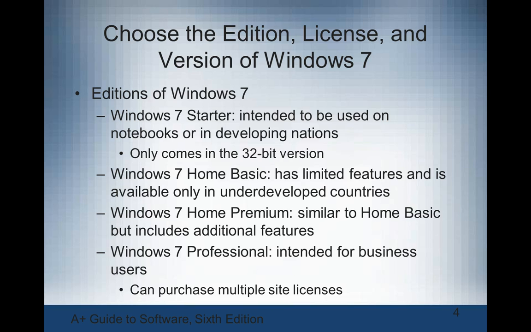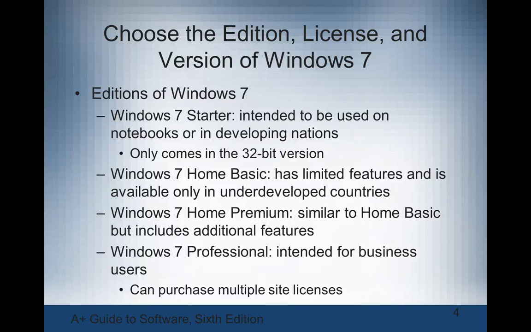The different editions of Windows, that's important to know if you are A, doing it for somebody else, or B, making a recommendation to the corporation: which one are you going to use? We're not going to use Starter because it's for developing nations, and only comes in a 32-bit version. Developing nations, think Sub-Sahara.